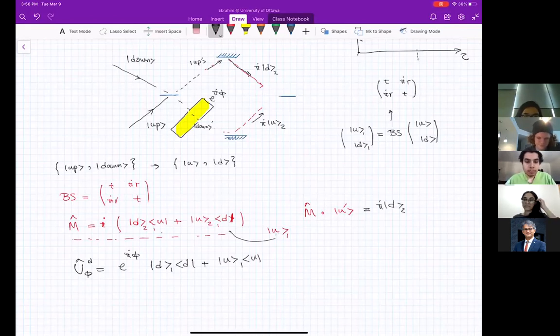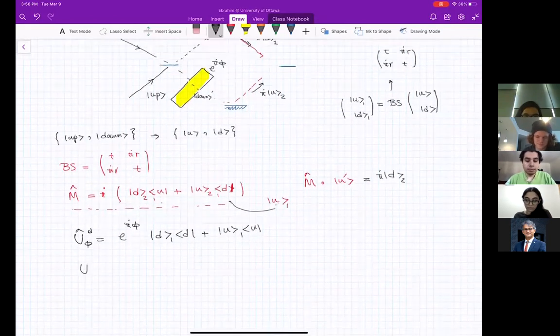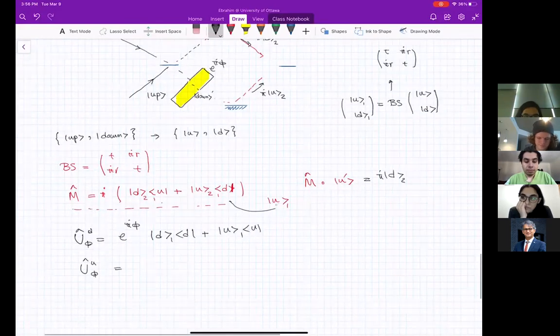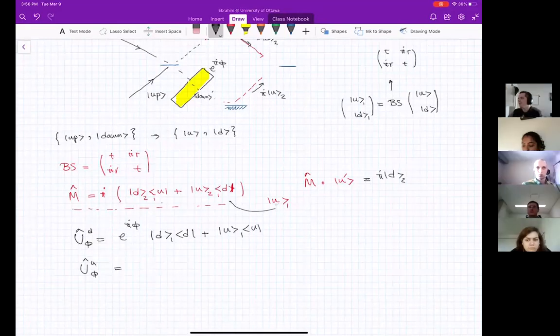So the phase is here. Can someone tell me what the phase is if I place it on the downside, upside? Anyone, please? Well, you'll just get the upside back again. So it's just 1 multiplied by the up.